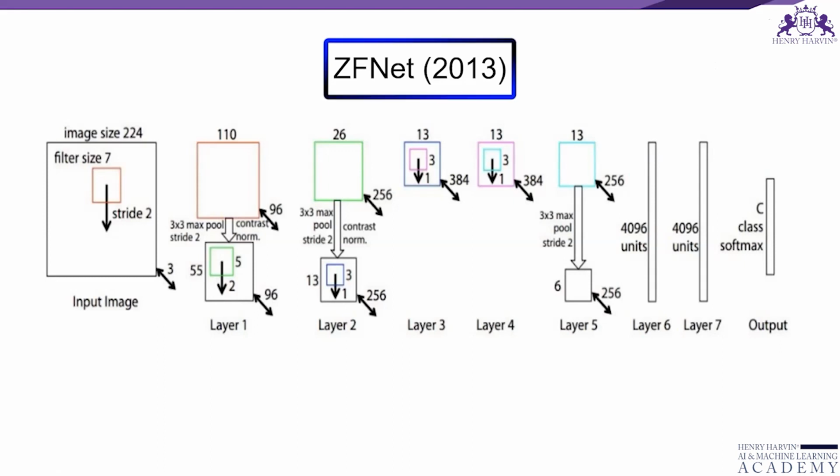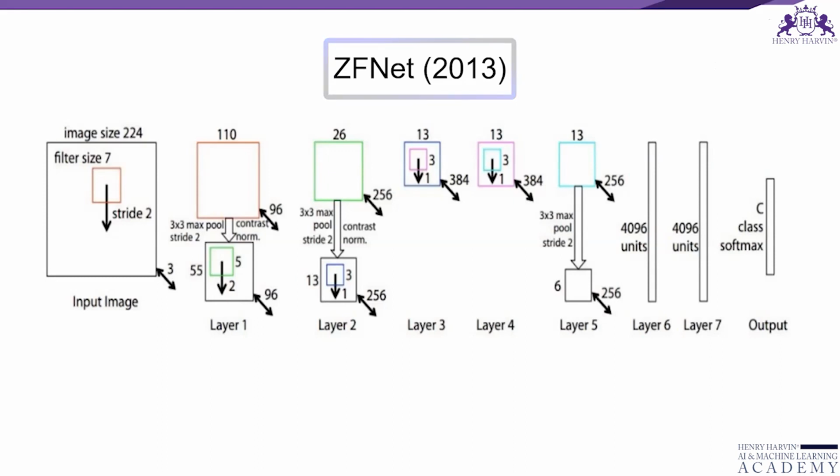So the next question you may get is, okay, it is almost a modified version of AlexNet, and it also gives better accuracy. We agree with that. But what is the purpose of changing the filter size?